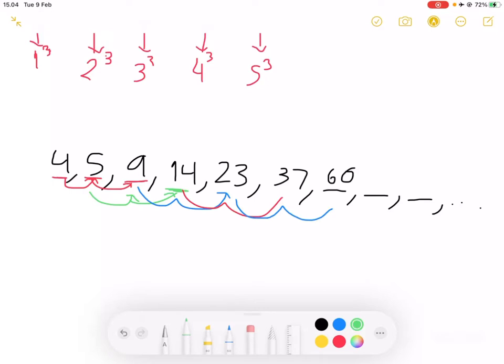And then the next term you can do the same thing. It will be 97. And then the next term is 157. And then the next term you can just add 157 and 97. So this is the meaning of the sequence right here.